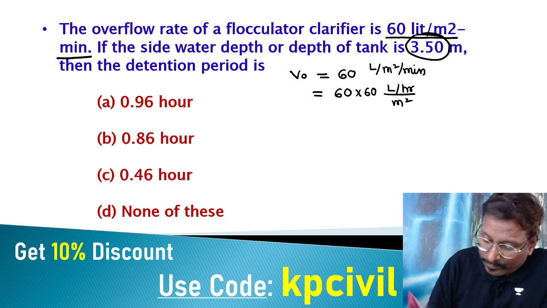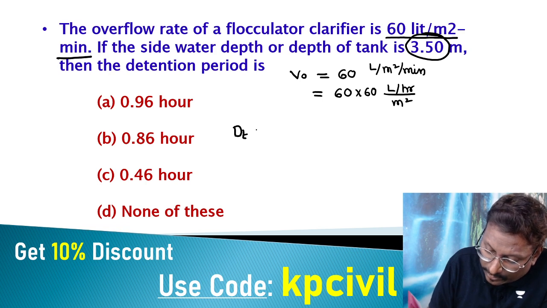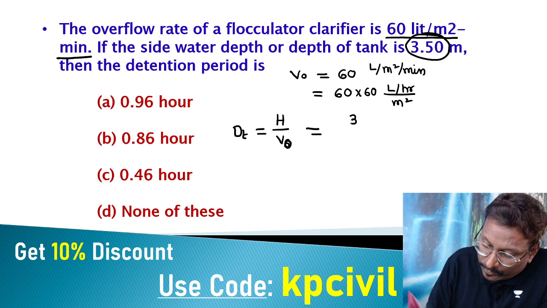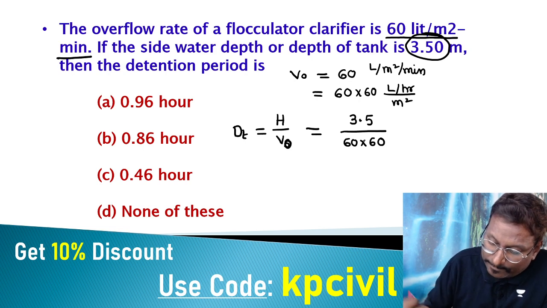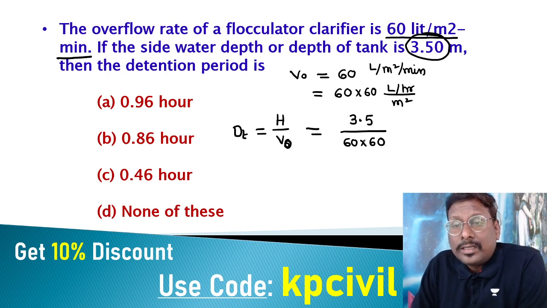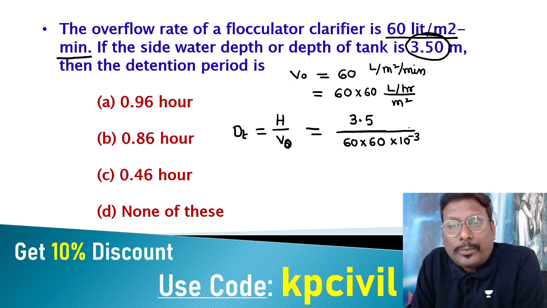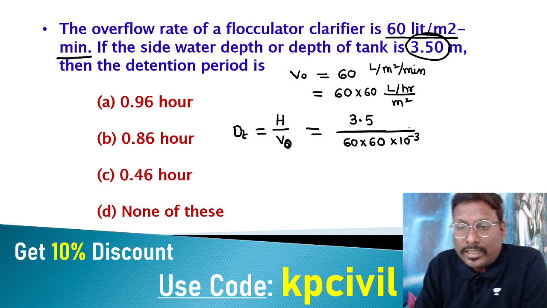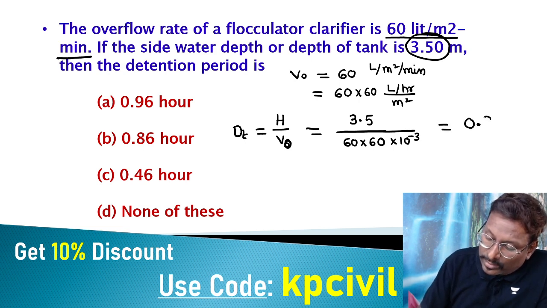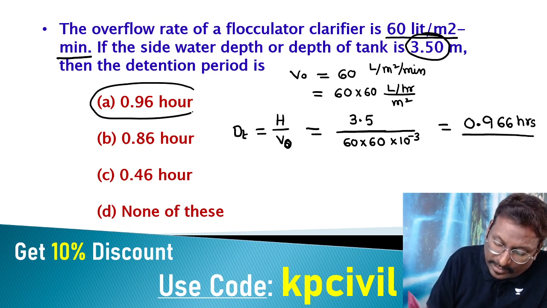Detention period will be, detention time is equal to distance by velocity, distance is depth, velocity V0, h by V0. 3.5 upon 60 into 60, and very importantly, that is in liter, you have to convert to meter cube into 10 raised to minus 3. 3.5 upon 60 into 60 into 10 raised to minus 3 is 0.966 hours. Take this 0.96 hours.